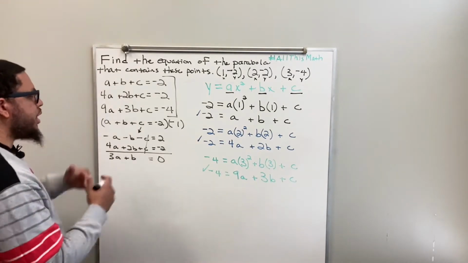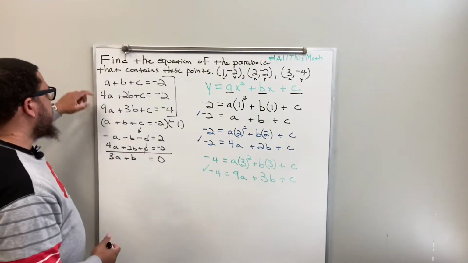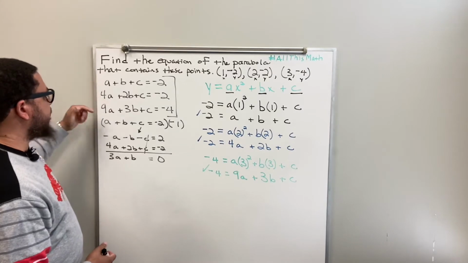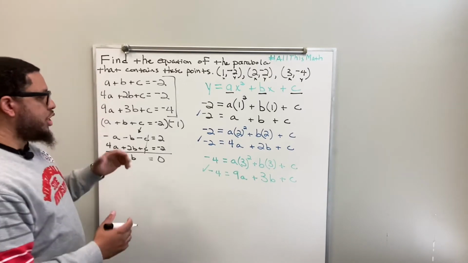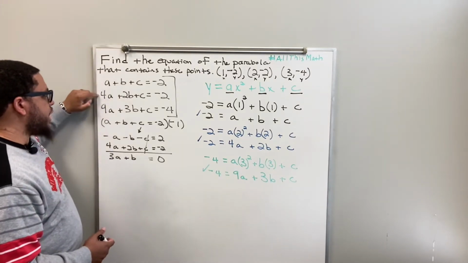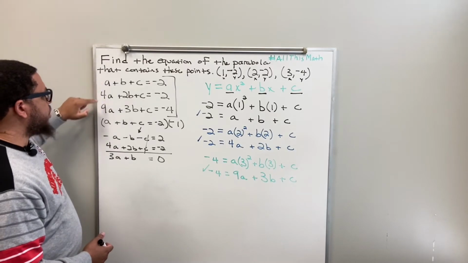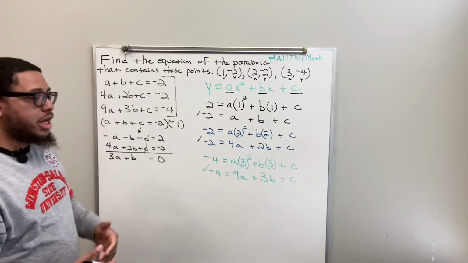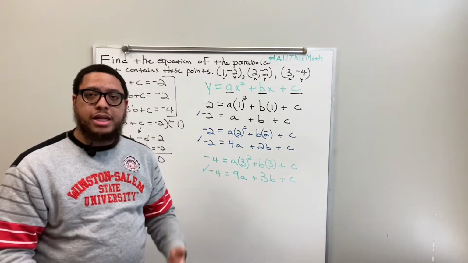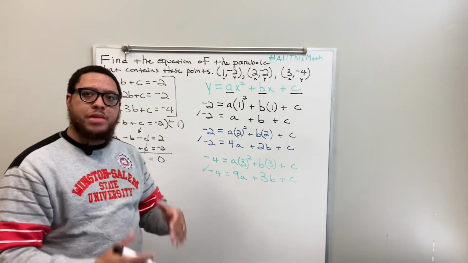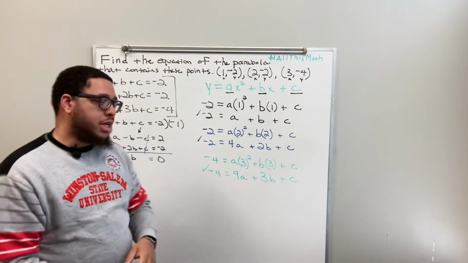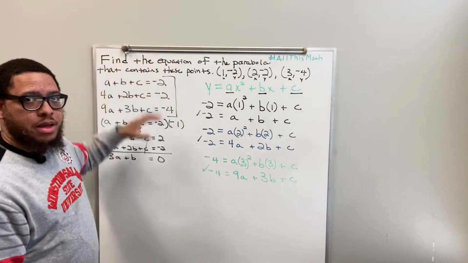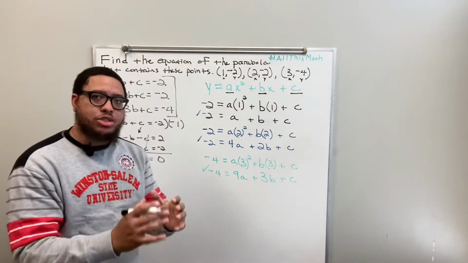All right. Now I'm going to do the same thing with that first equation, and I'm going to match it up with the third equation. See, at first I matched up the first equation with the second. Now I'm going to match up the first equation with the third equation so I could cancel out the C's again. I need to cancel out the C's again in order to create my 2x2 system. See, I got my 3x3 system, but I got to break that down into a 2x2 system.